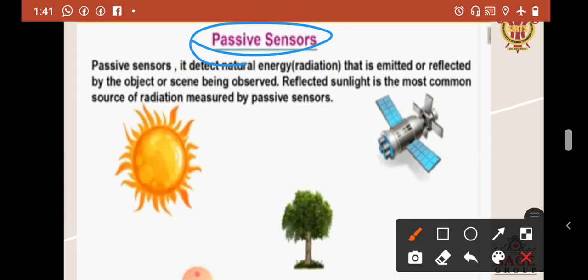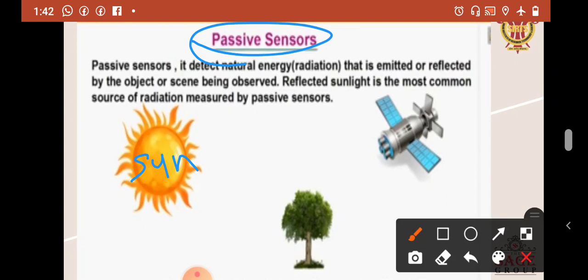Passive sensors want an external energy source. They have no light of their own. Passive sensors are always dependent on an external energy source, that is the sun. In other words, a passive sensor always depends on the sun or sunlight.